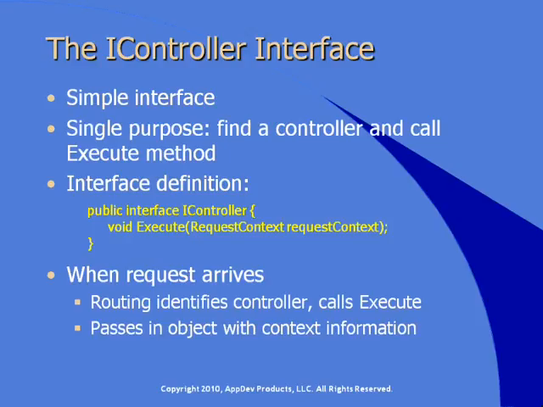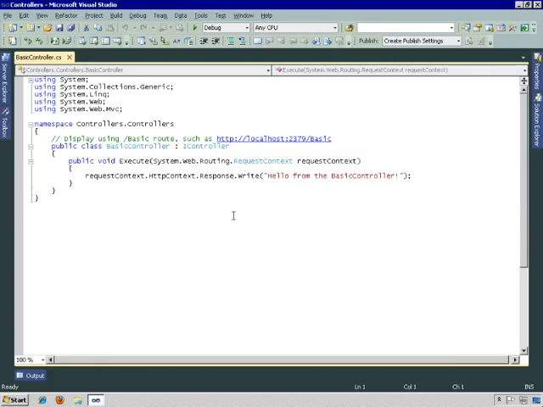It includes an HTTP context object that exposes objects like request, response, server, session, and plenty more. And you can use various kinds of information from the environment as well. So let's take a look at some code that implements this IController interface. All of this means that to qualify as a controller and meet the requirement of implementing the IController interface, all you have to do is implement a single method, Execute.